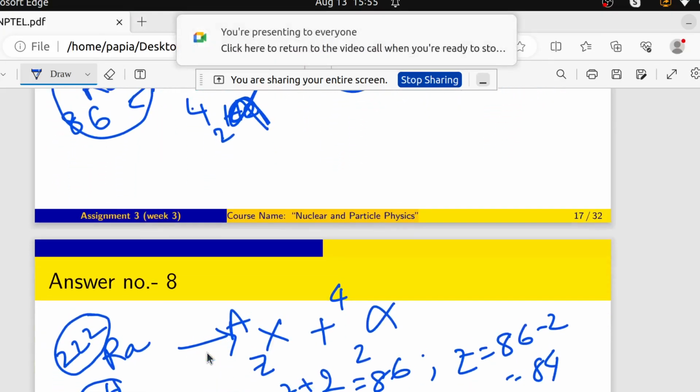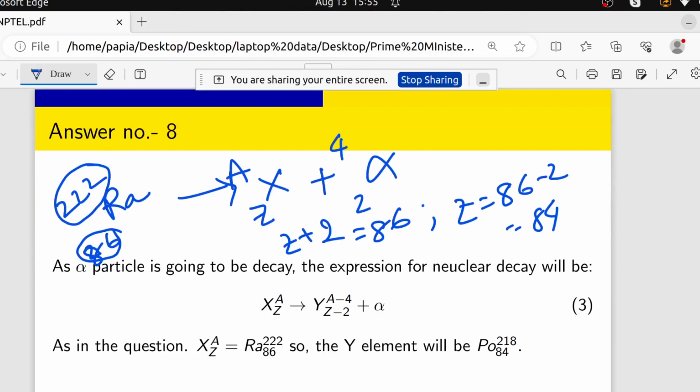Similarly for the A value, 222 will be A plus 4. That means A will be 222 minus 4, which is 218. So the X, which was unknown to us, has a Z value of 84 and an A value of 218.